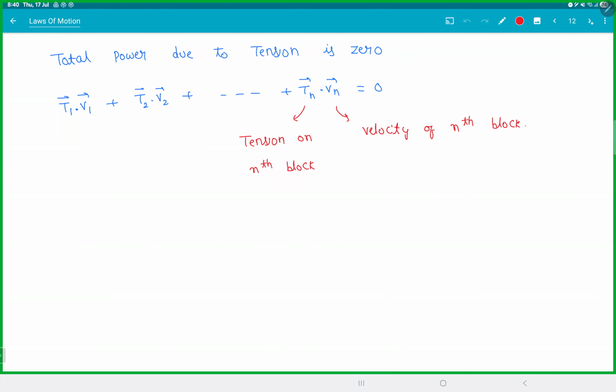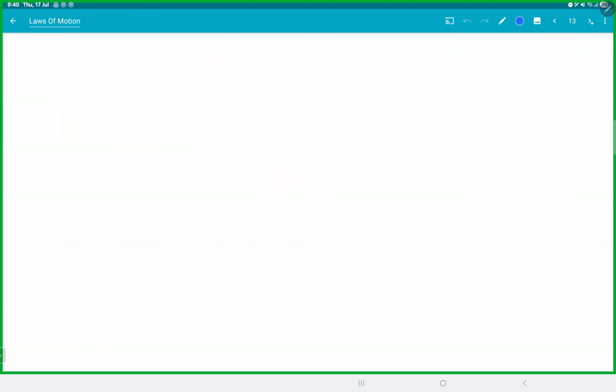So let me show you an example. Let's say we have two blocks A and B. Step 1, label the tensions on the string.